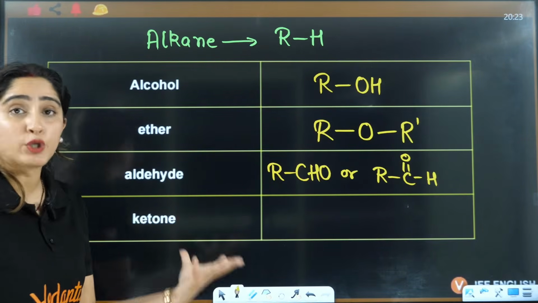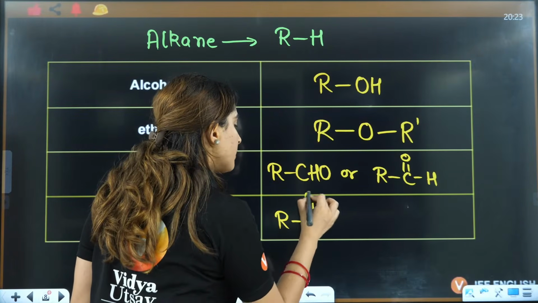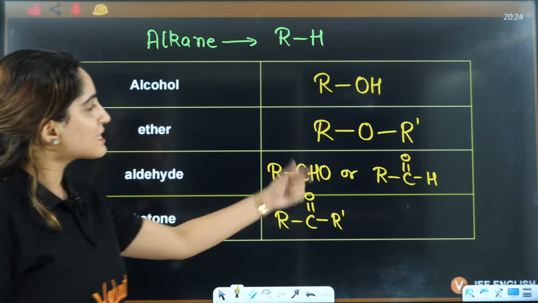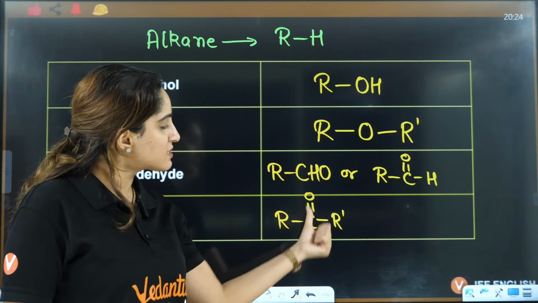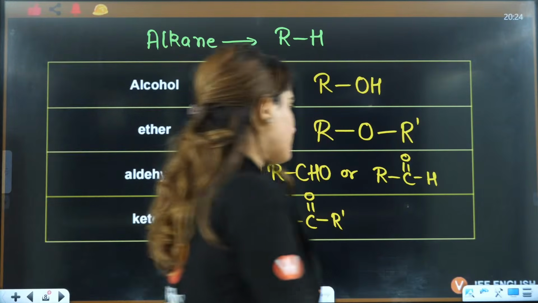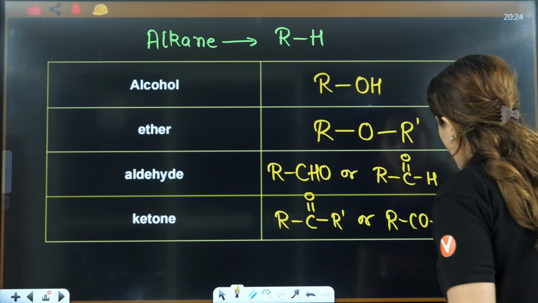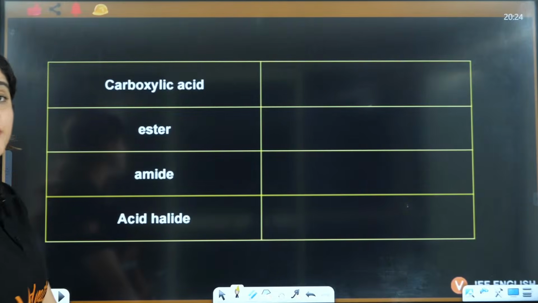Then ketone is written as RC double bond O R dash. Just like here you had ROR, now you will have RCOR dash. Next is carboxylic acid.